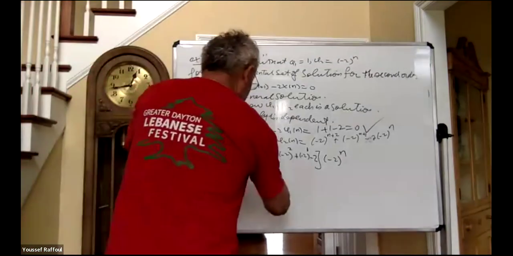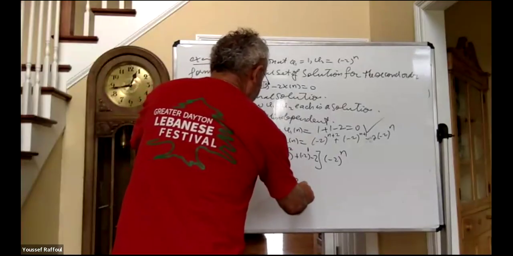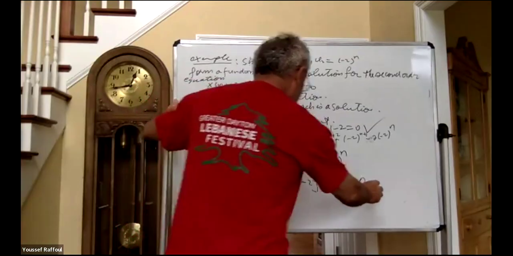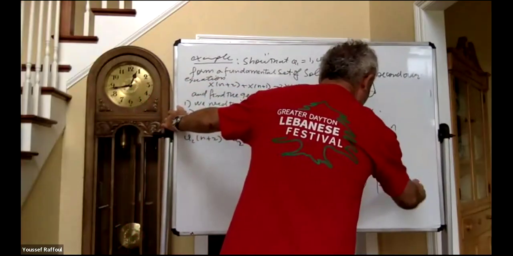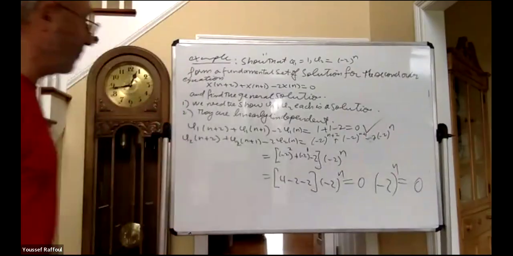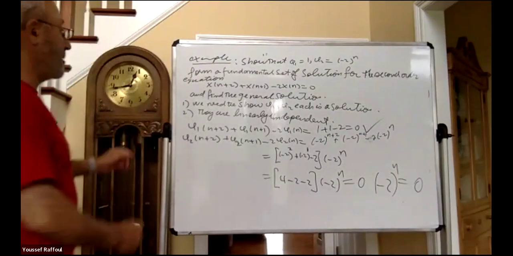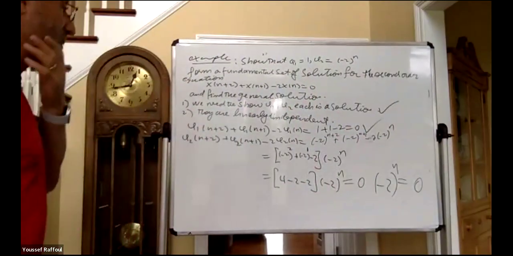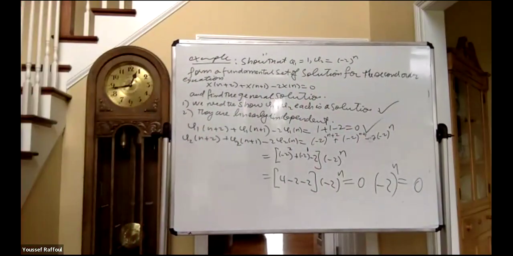So that is 4 minus 2 minus 2, times minus 2 to power n, and that is 0 times minus 2 to the n, and that is 0. So we did this one. You see what we did? Okay, so we did the first one.